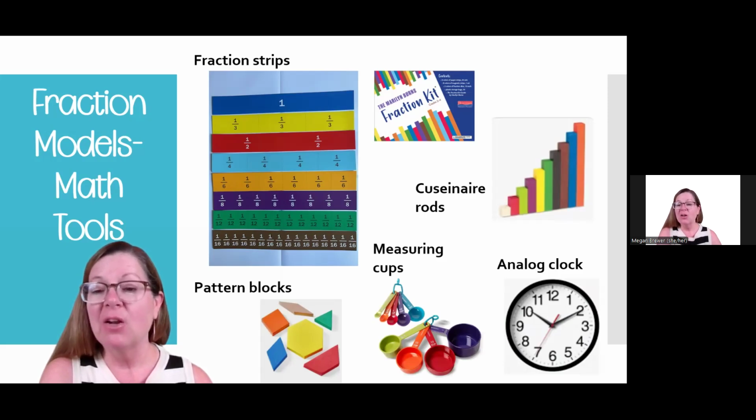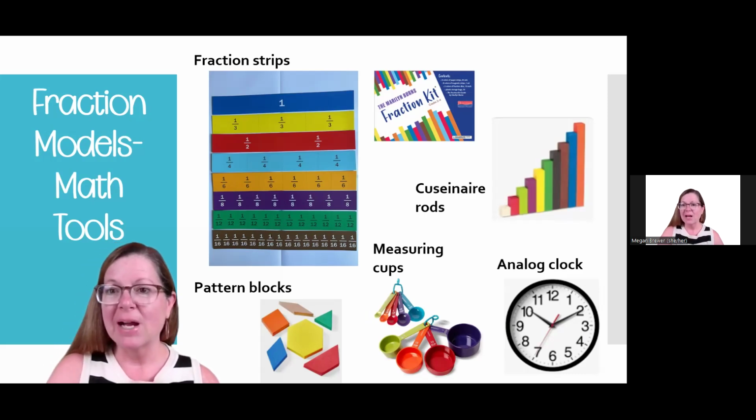Or we might say with the analog clock, how many 15 minutes are there in an hour? Of course, we'd want students to figure out there's 4 15-minute sections in an hour, or how many 15-minute sections are in 3 hours, or how many 5-minute sections are in 60 minutes, and relating that back to fractions. It's a great visual model.